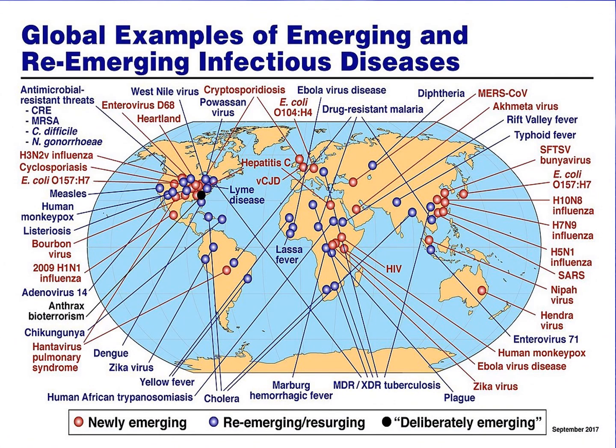And this is just a picture I found from 2017 of the global examples of emerging and re-emerging infectious diseases from around the world. And you can take a look at these, and there's a whole bunch of them. And we are so concerned about one particular disease right now, but I'm going to tell you, there's a lot more out there that will kill you a lot faster that we need to be very concerned about.